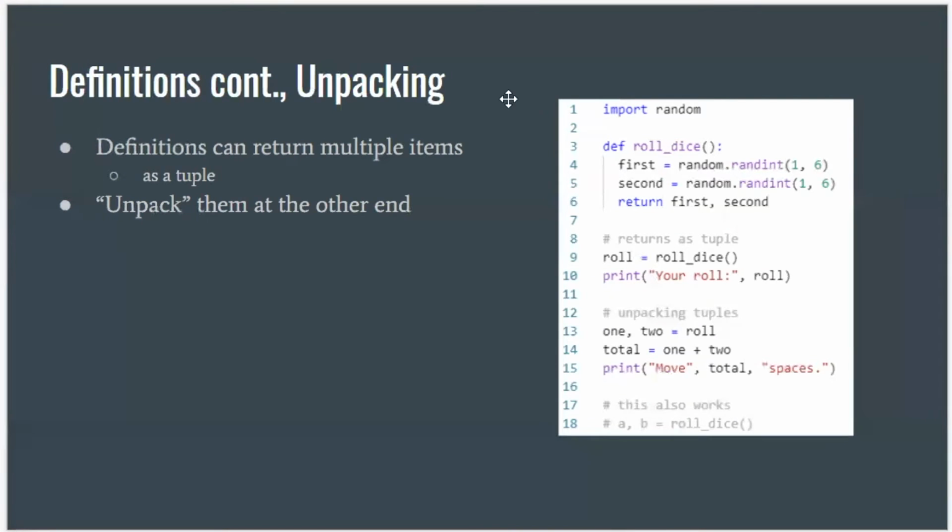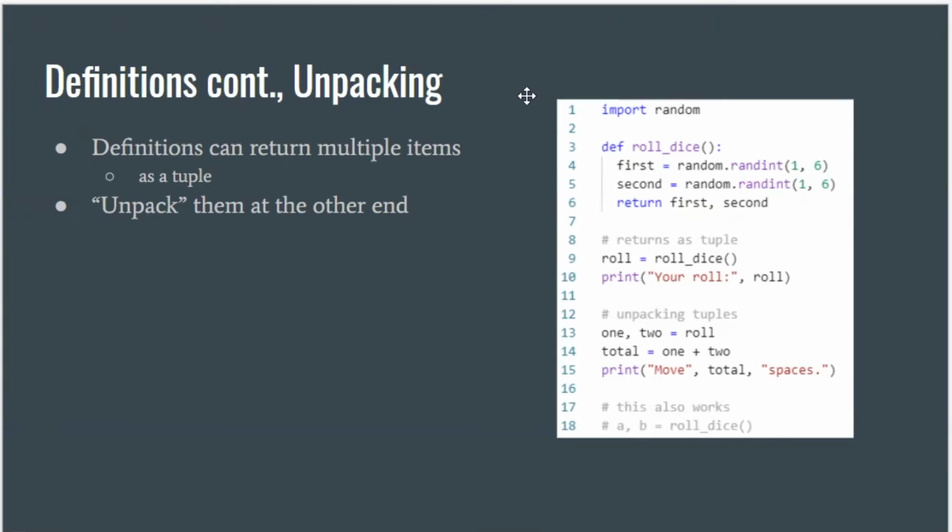Okay, we're going to keep going with definitions. Now we have something called unpacking. One cool thing about Python definitions is you can return multiple objects, and they return as a tuple. If anyone doesn't know what that means, it just means they return as a pair or a triple of items.